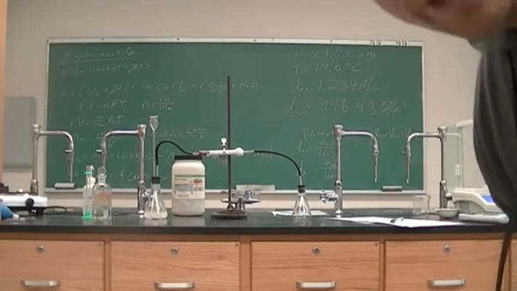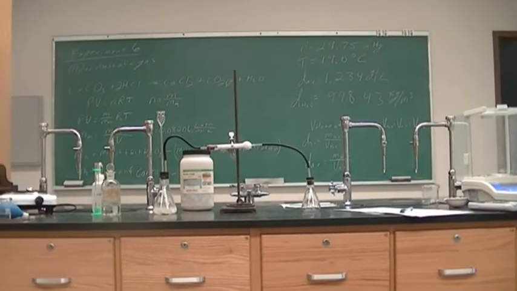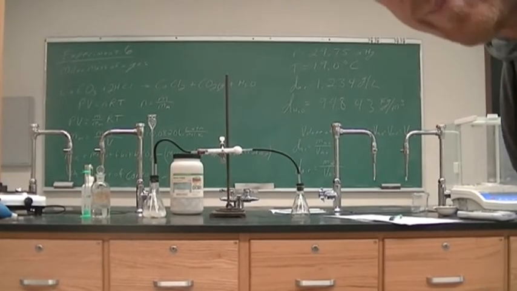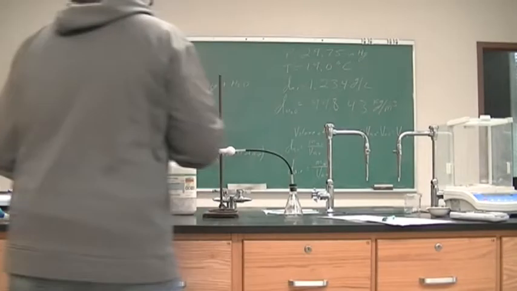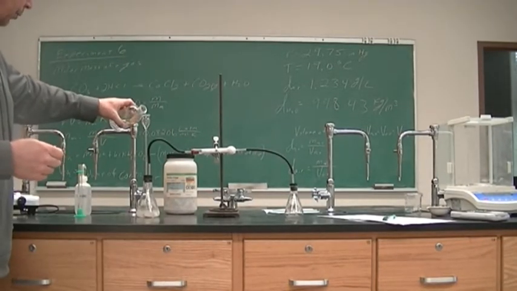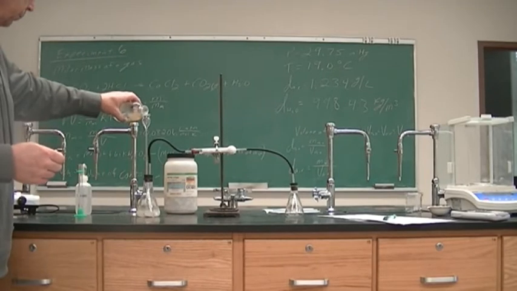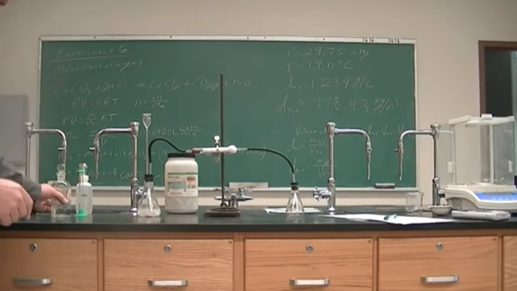All right, and now we are ready to start the experiment. I will put this down and I will start adding some hydrochloric acid to get the reaction to produce CO2. As soon as I pour in my hydrochloric acid through the thistle tube, immediately I see bubbles.